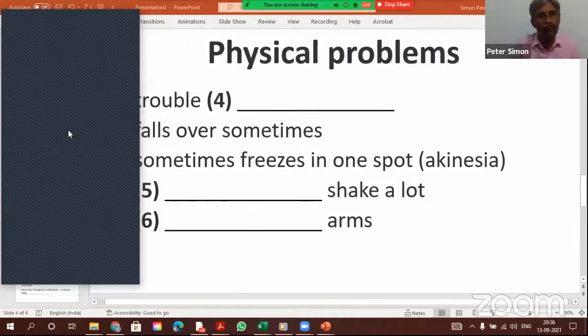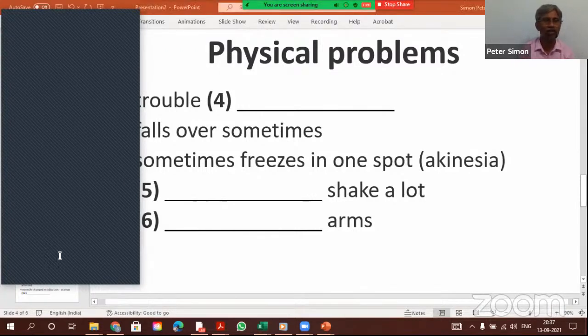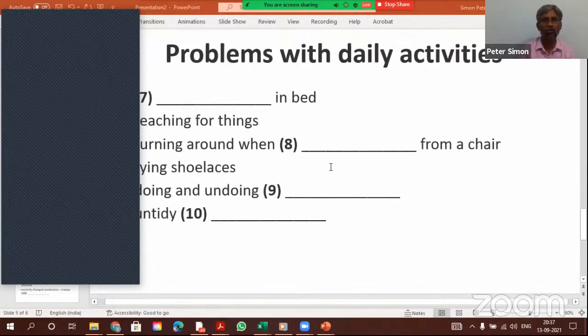Okay, question number 5. Afterwards, I'll give you the answers. You submit, no problem. Afterwards, I'll give you the answers. See, those who are not serious left, that's it. No problem. We don't mind non-serious people. Okay, next one. 6th one is over.